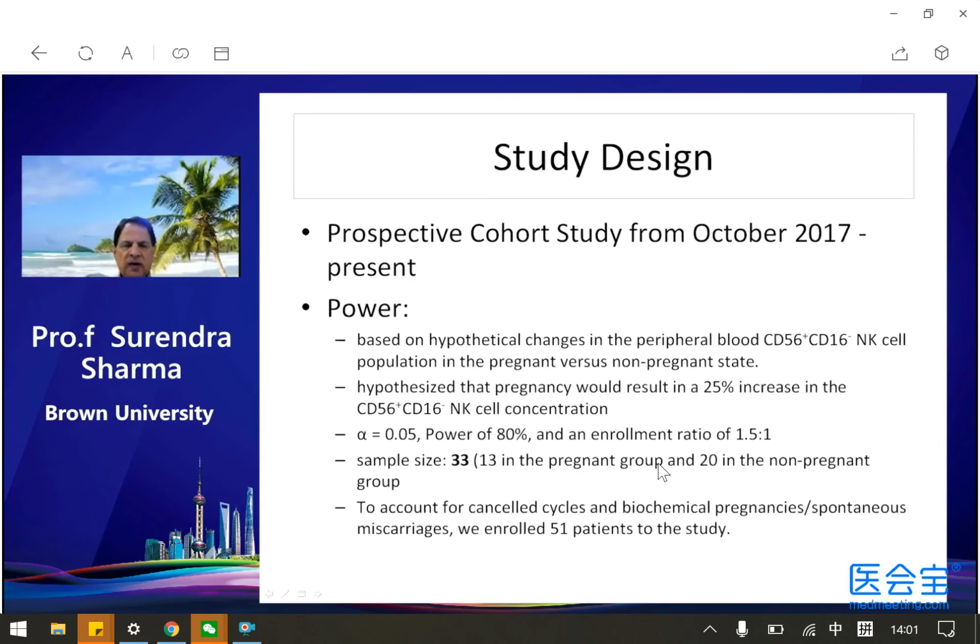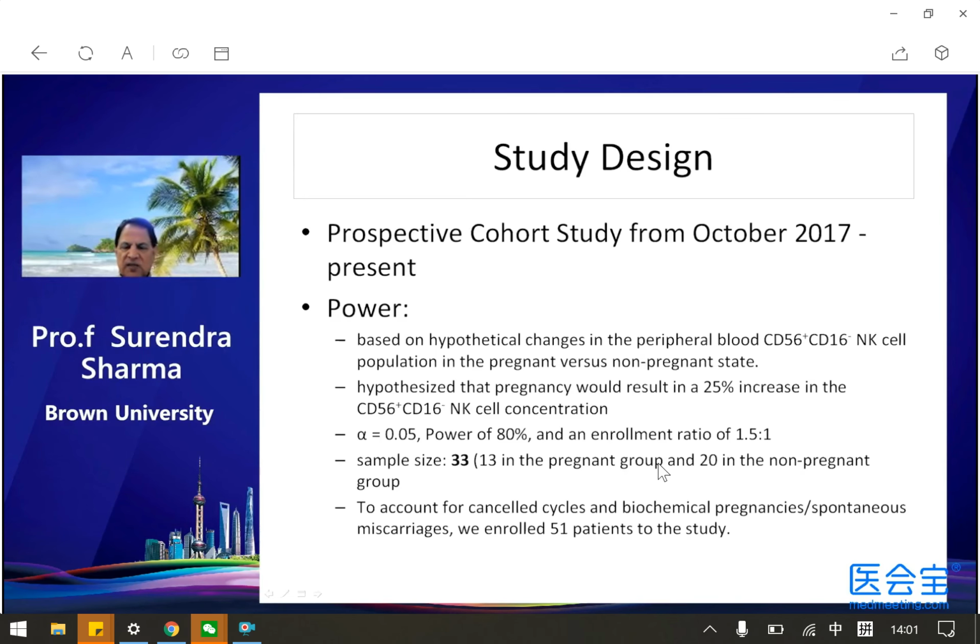The next slide tells you the study design, how we went about it. It's a prospective cohort study from October 2017 through present time. It's a powered analysis based on hypothetical changes in the peripheral blood CD56 positive, CD16 negative NK cell population in the pregnant versus non-pregnant state. We hypothesized that pregnancy would result in a 25% increase in CD56 positive, CD16 negative NK cell concentration.